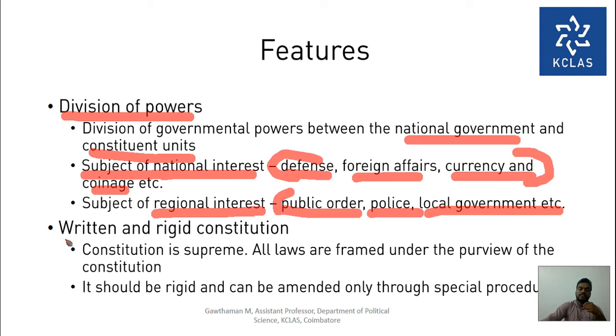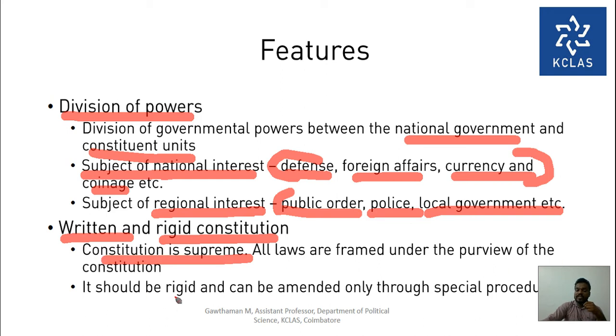Then comes the written and rigid constitution. For a federation, a written constitution is inevitable, because all the laws and the rules and regulations related to the functions and role of the state and center should be in written form. All laws are framed under the purview of the constitution.